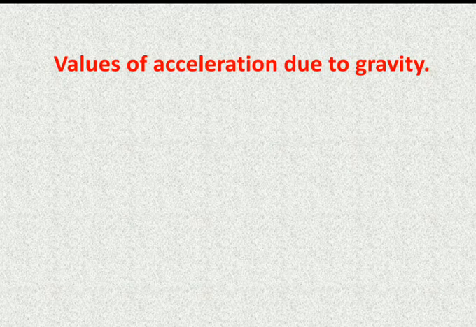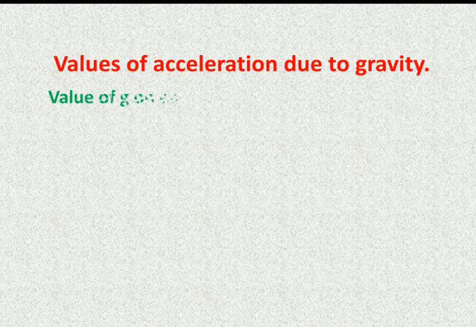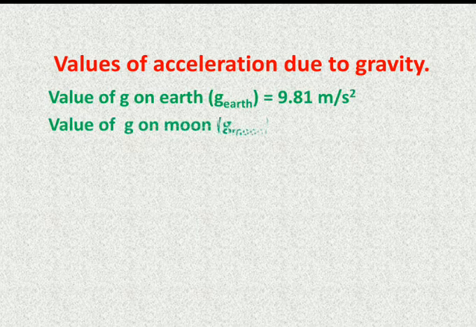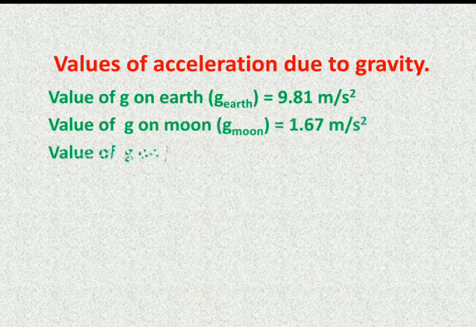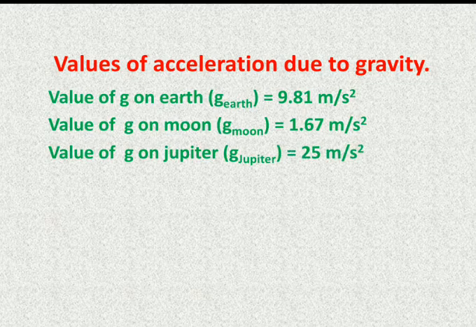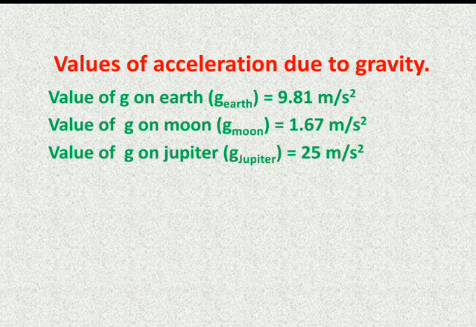Values of acceleration due to gravity. Value of g on Earth equals 9.81 meter per second square. Value of g on Moon equals 1.67 meter per second square.